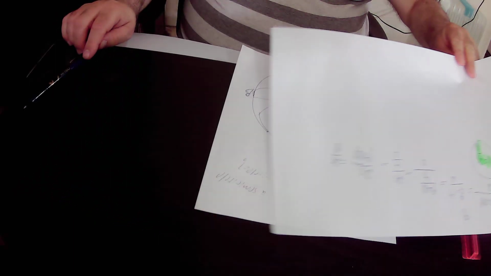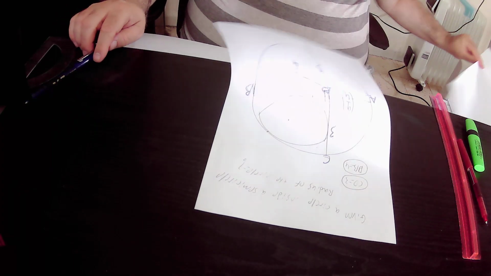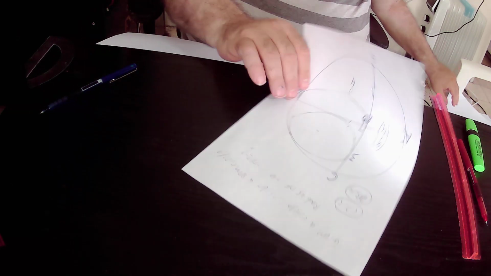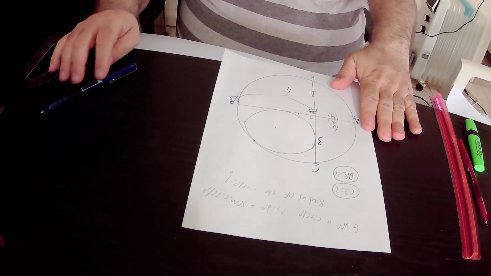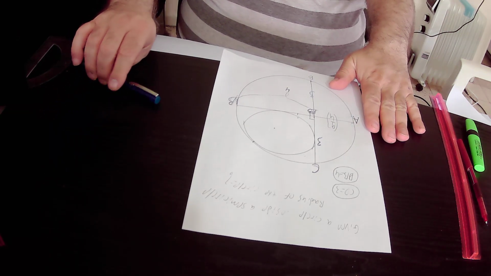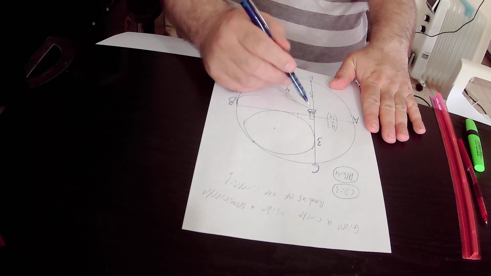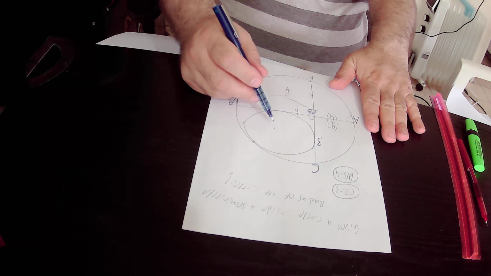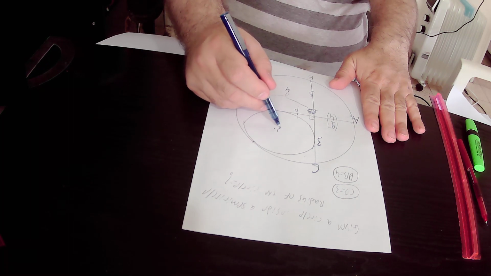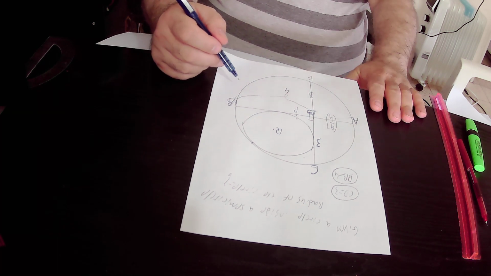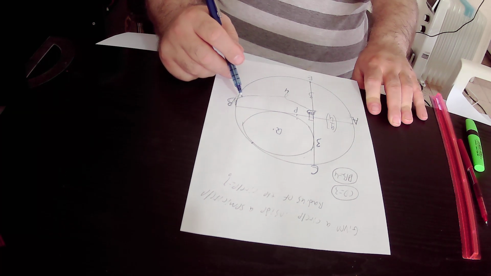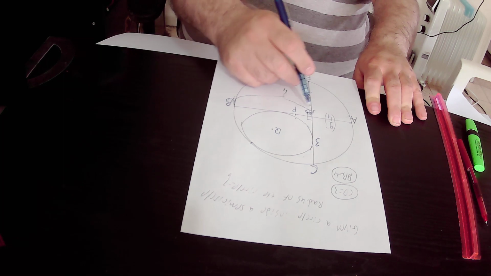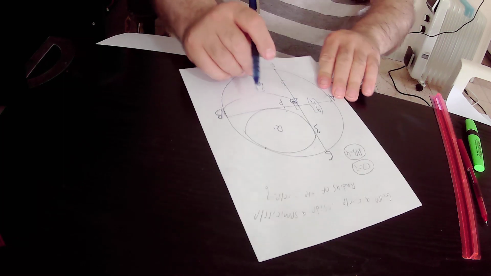So, in the next step, we will define the center of the big circle as point P. We will define the center of the small circle as point Q. And we will find out the length of the short line segment DP.